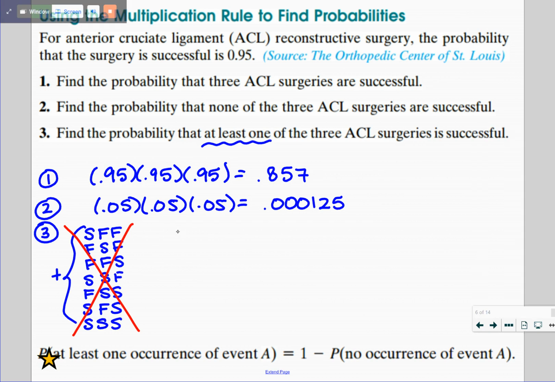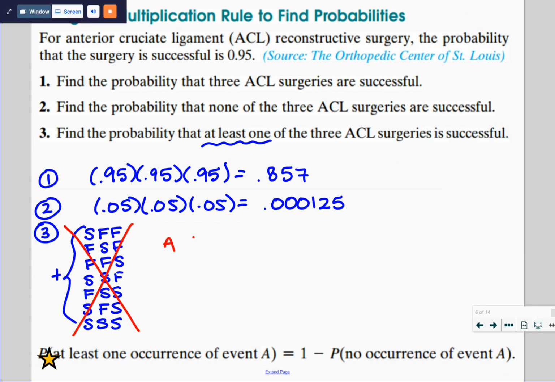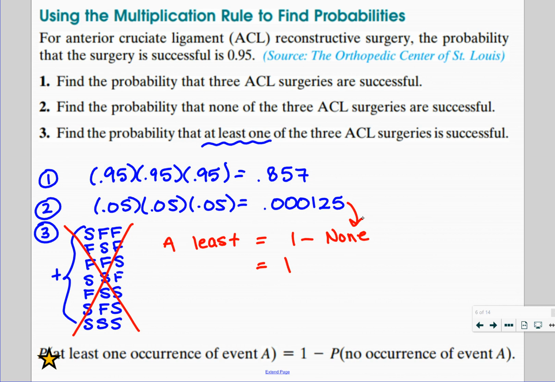So in this problem, at least one is what I'm calculating, is the complement, 1 minus the probability of none of them being successful. And conveniently, we just calculated the probability that none of them were successful.